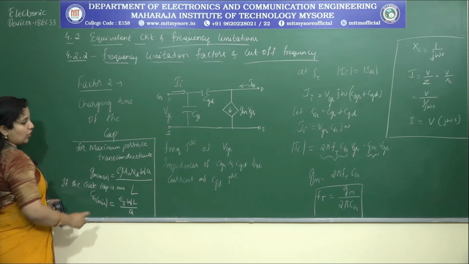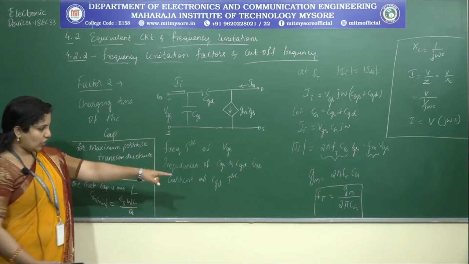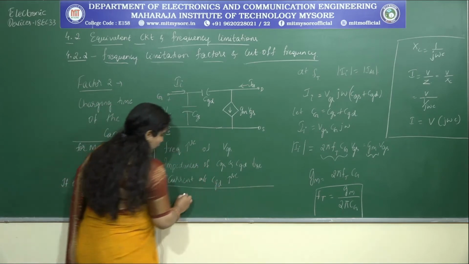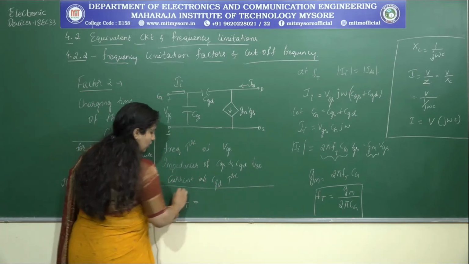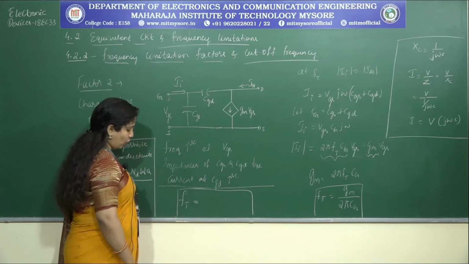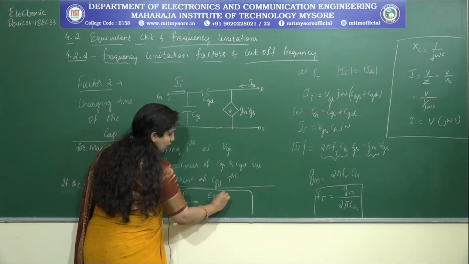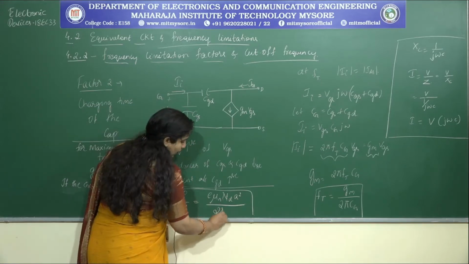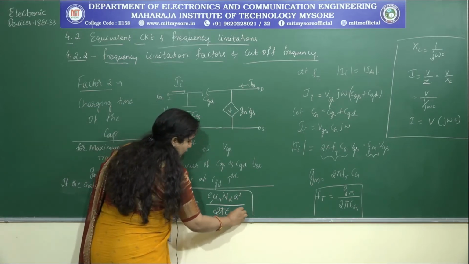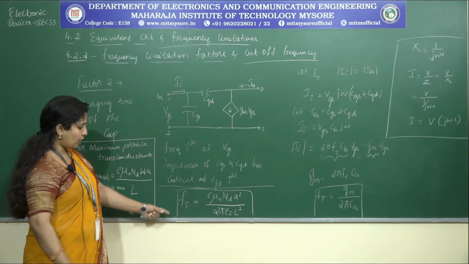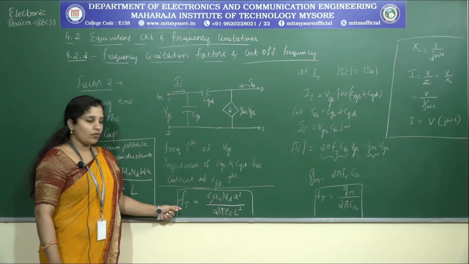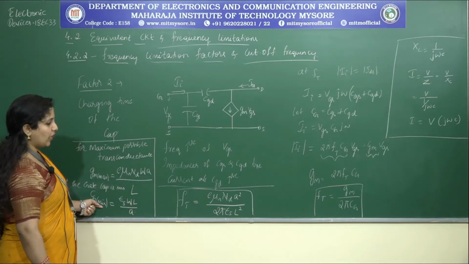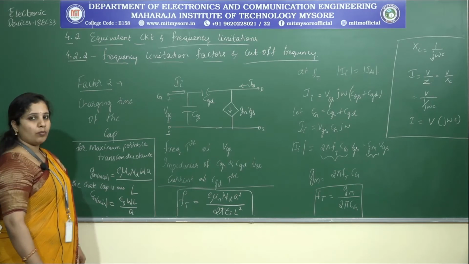Now, for these two conditions, if I substitute these two over there and try to alter the cutoff frequency, then the cutoff frequency final equation will now be represented as follows: G into mu n into Nd A square divided by 2 pi epsilon S L square. And this is the cutoff frequency which I can observe when we have a maximum transconductance and the minimum gate capacitance. Got the point? Yeah.